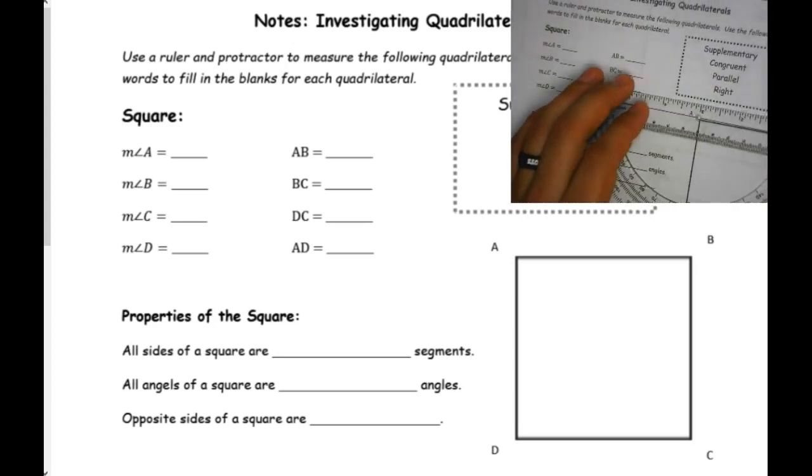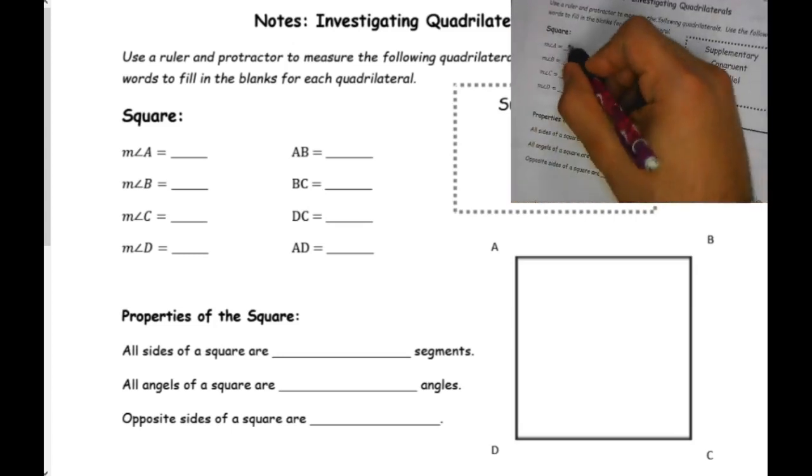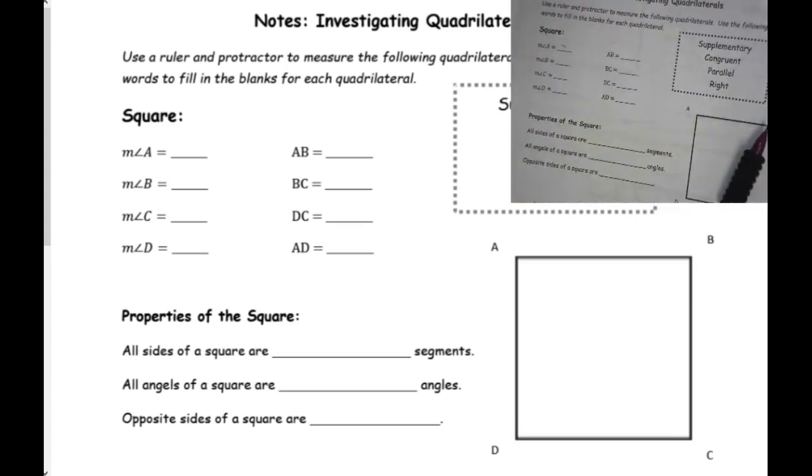Obviously, on a square, each angle is what? 90. Okay, so you can see it lining up, 90 degrees. I could do it 4 times, but it would still be 90. So let's fill in 90 for A, B, C, and D.